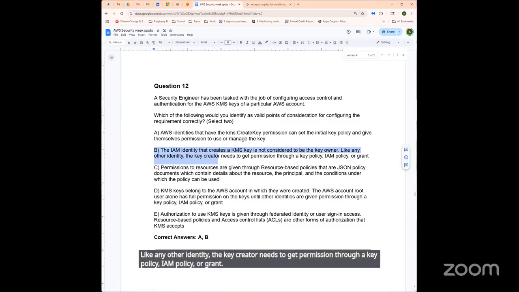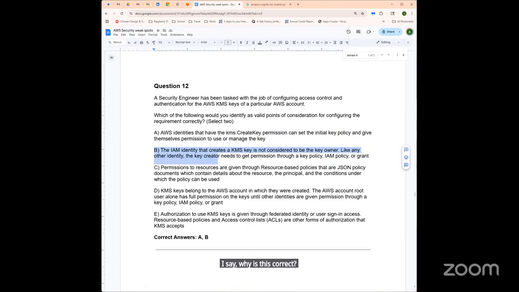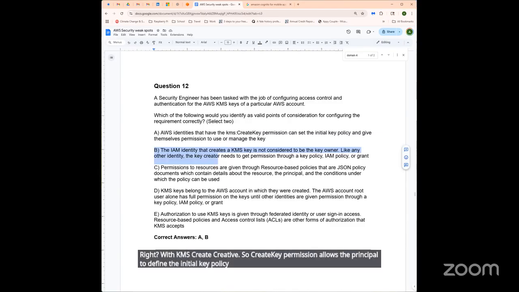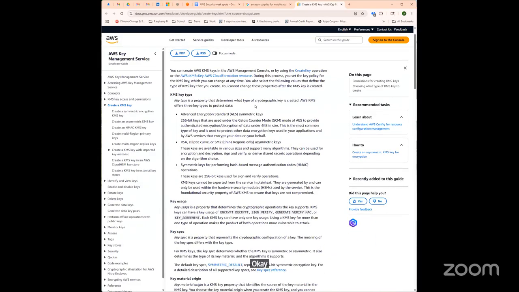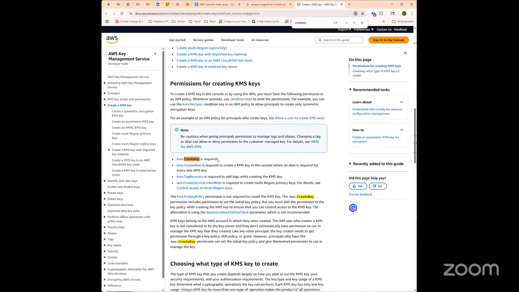So why is this correct? IAM identities with the KMS create key permission can define the initial key policy, including granting themselves the rights to use or manage the key. This ensures they can control the key from creation onwards. So KMS create key is required.